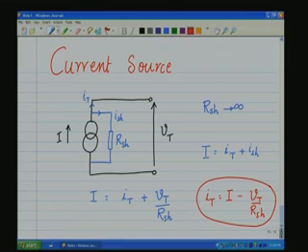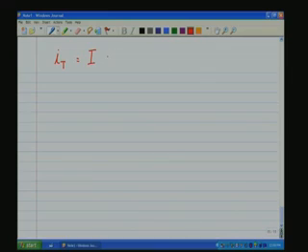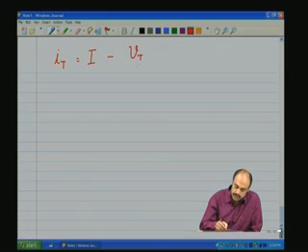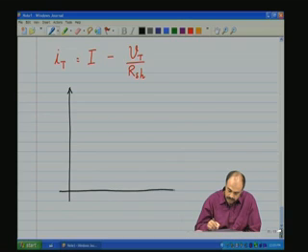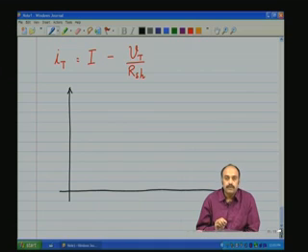Now, let us look at the IV characteristic of this practical current source. Let me put back the equation. IT equals the actual ideal current source value minus terminal voltage by R shunt value. So, let us draw the IV characteristic. The x axis is the variable Vt, the terminal voltage.